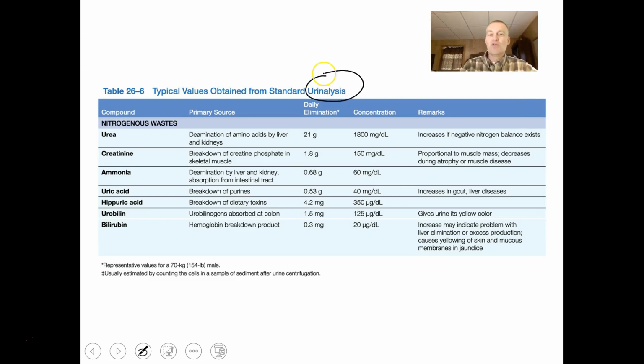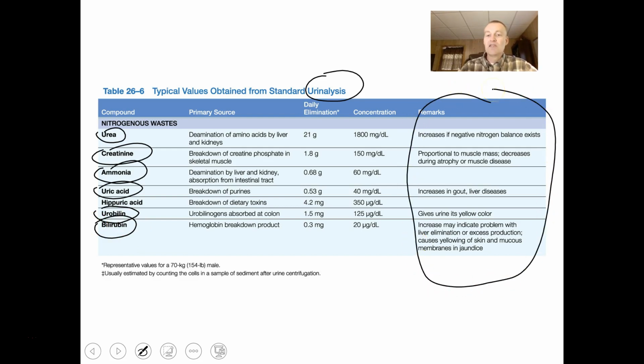Okay, so if you ever do a urinalysis one day or have a urinalysis, they'll check you for all different kinds of things. They're going to check you for urea. They'll check you for the breakdown of creatine phosphate. They're going to be looking at ammonia, uric acid, urobilin, which is the breakdown product of red blood cells, and even bilirubin. These can show disease states that you may be having based on the composition found in your urine.